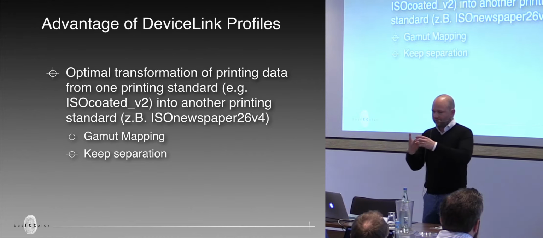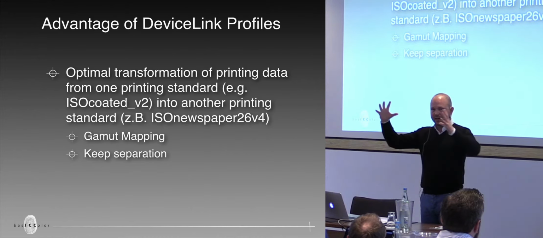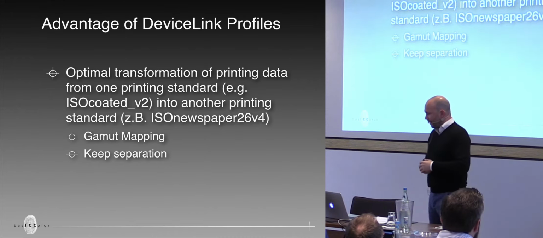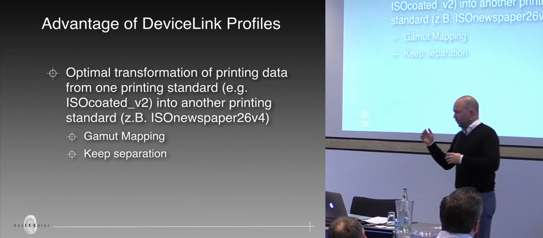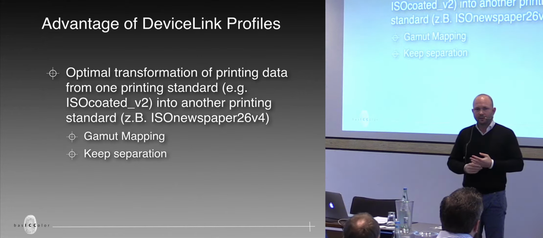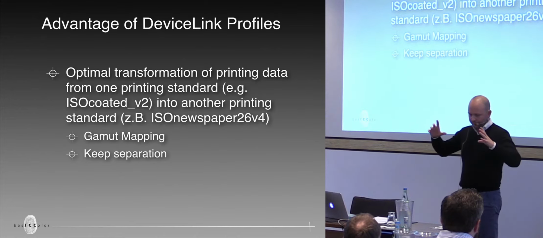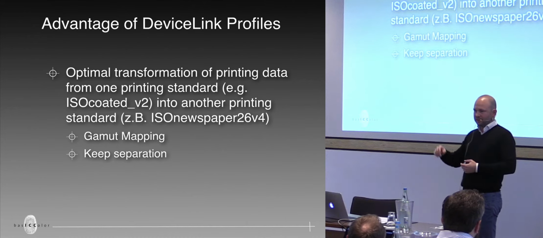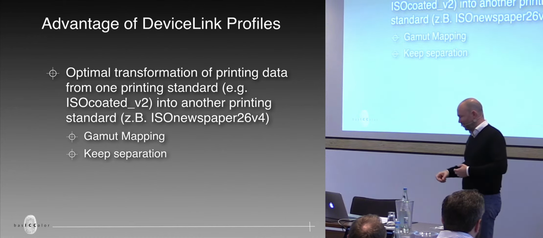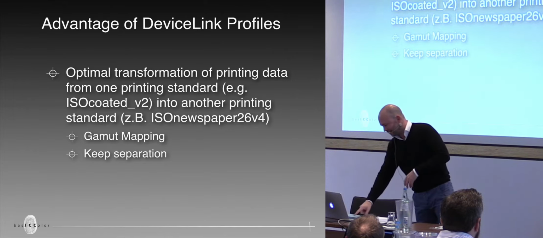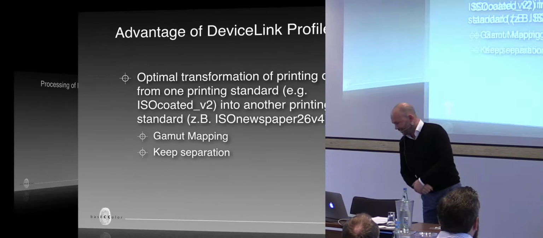And the two big advantages, one we have seen already, is the gamut compression, the gamut mapping. And we are able to keep separations. So that's a big advantage. For example, if you have a customer with a certain logo, which must have... I will tell you now because it comes in my slides in a few seconds. Okay.